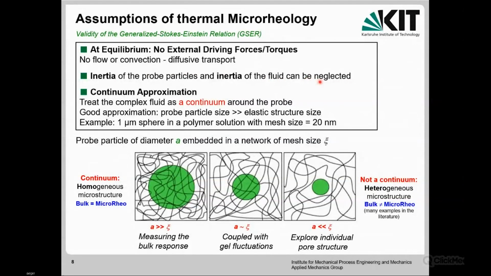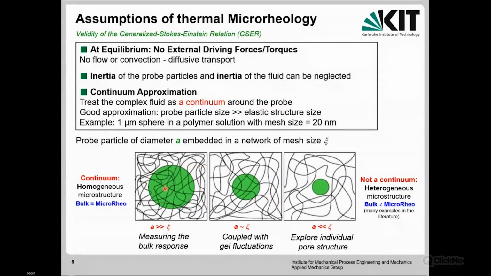But most important for the validity of this generalized Stokes-Einstein relation is the continuum approximation. This means that you have to treat the fluid around the tracer particle as a continuum. You can understand this by watching this scheme.